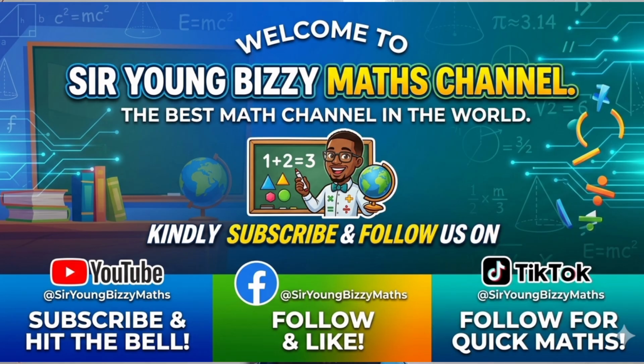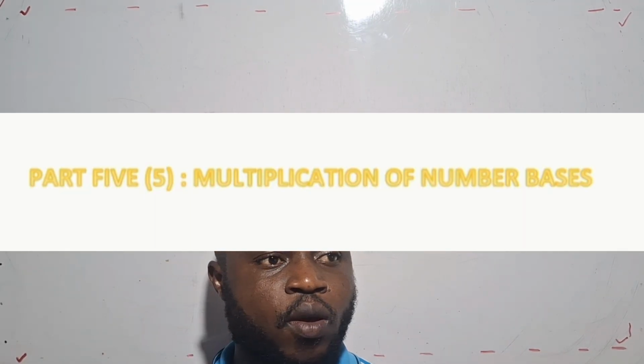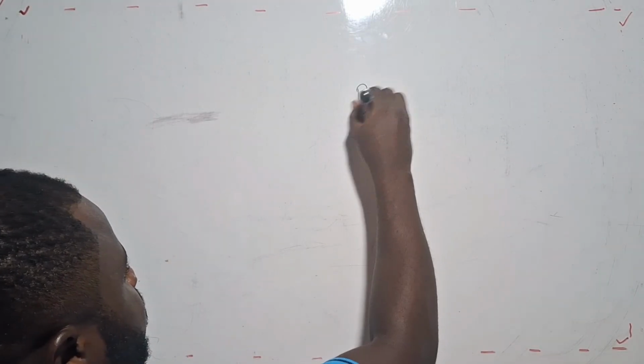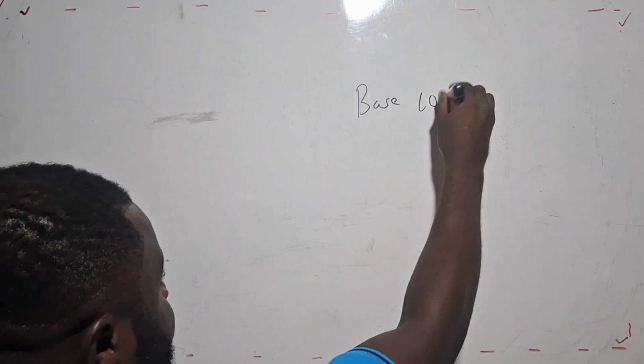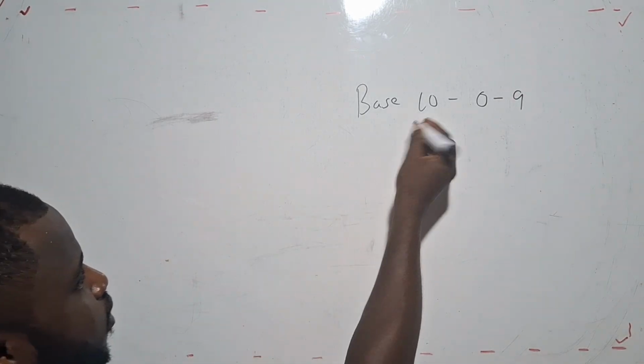We are going to continue our series on number bases, and today is the fifth lesson, which is multiplication of number bases. The rule still applies: when you are working in base 10, the numbers we need are from 0 to 9.